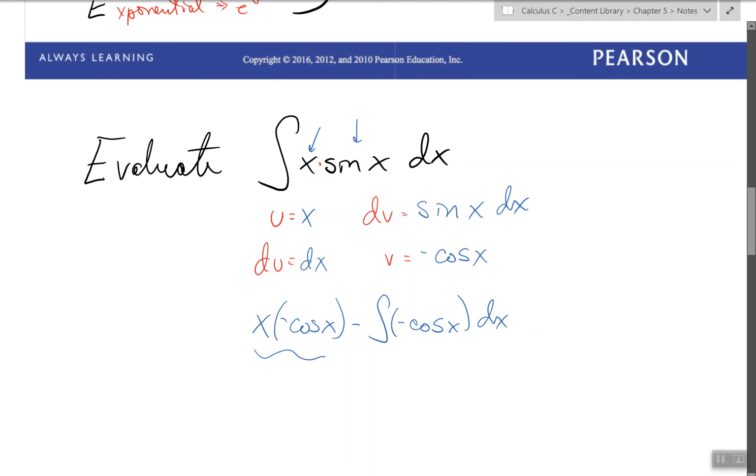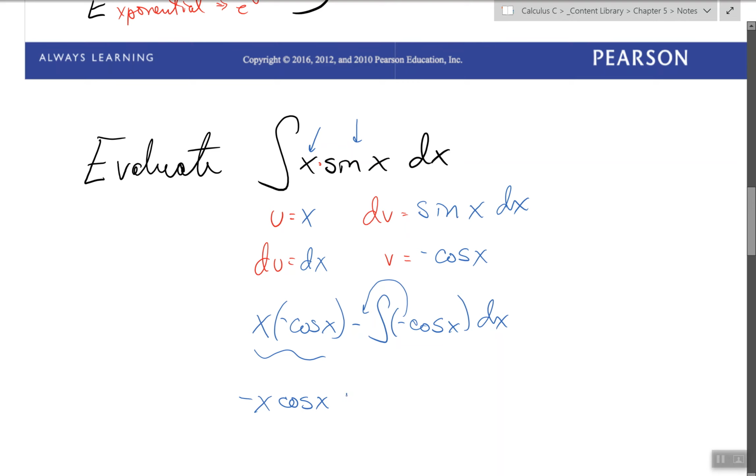Now this is just a quantity. We put that together, it's negative x cosine x, nothing to do really there. And then inside this, that is a known antiderivative, a known integral, we can do that. What I would always suggest, and this problem it's not too terrible, but I would always suggest any constants or negatives that are inside the integral come out before you take the integral. We'll see a couple examples where there are fractions and whatnot, so I would always pull that out first and then take the antiderivative.